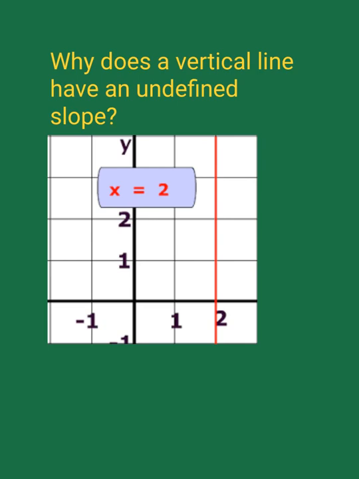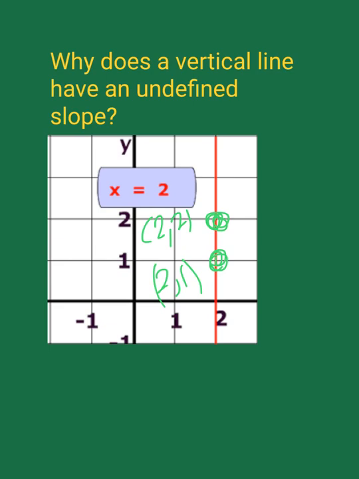So let's go ahead and calculate the slope. Let's pick two points on the line. This point right here is (2, 2), and this point right here is (2, 1).